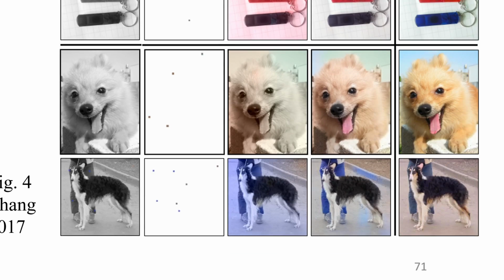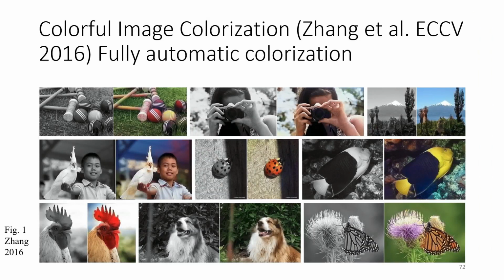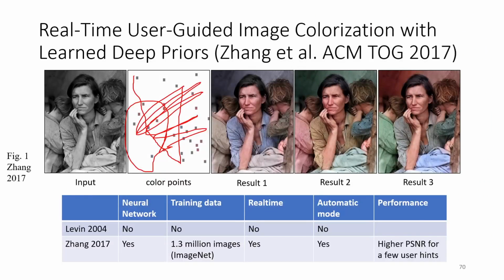And let's see their automatic mode. I should clarify it. When you see this paper, it was published in TOG 2017. And TOG means Transactions on Graphics.